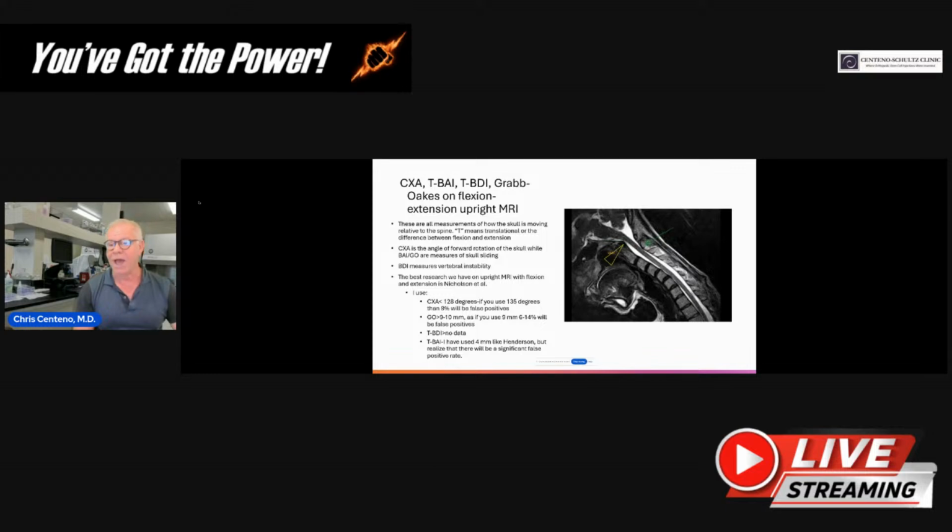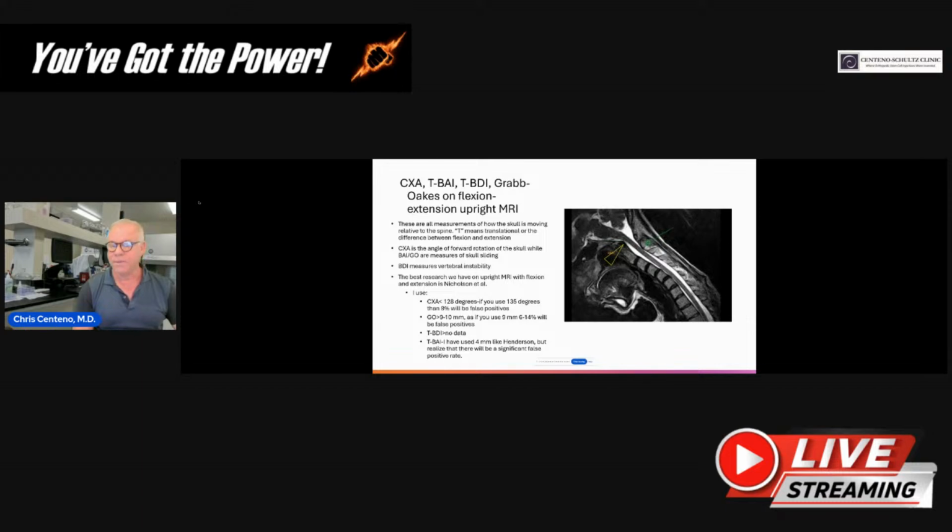Translational BDI, which is the vertical instability between flexion and extension, there is no published data on it that I can find. If you know of some, let me know, because I can't find any. So that's sort of anyone's guess as to what's normal there. Translational BAI, that's the degree of skull sliding between flexion and extension.